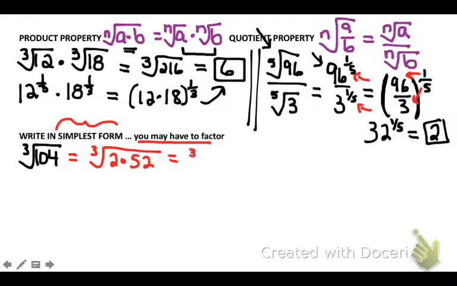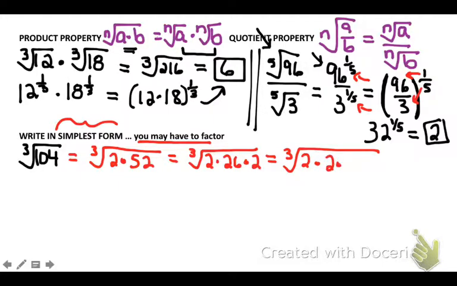So we'll keep going. And I'm going to say, well, 52 is the same as 26 times 2. So I have my 2, and then 26 times 2. And I can factor some more. Then I say my 2, 26 is the same as 2 times 13.